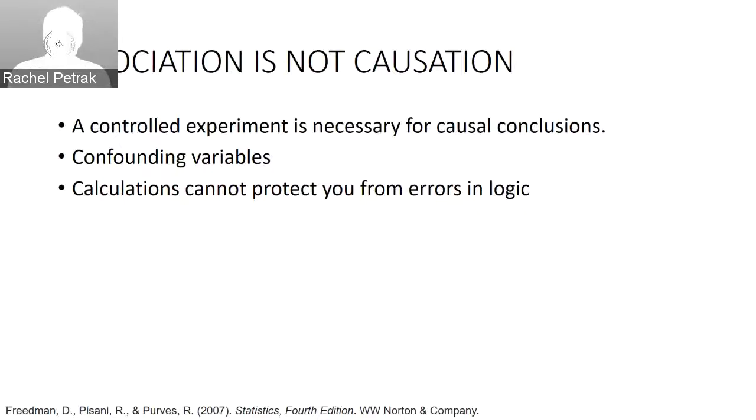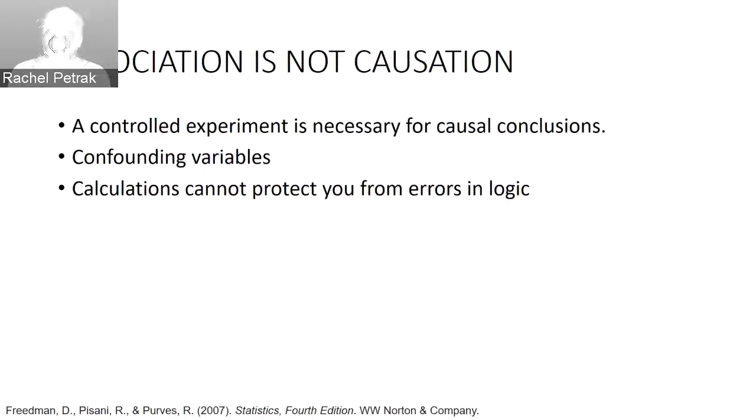So remember this, the calculations can't protect you from errors in logic. You can do calculations on any numbers you want, but if you're not using numbers that are statistically valid and sound, then your results are similarly invalid and nonsensical.